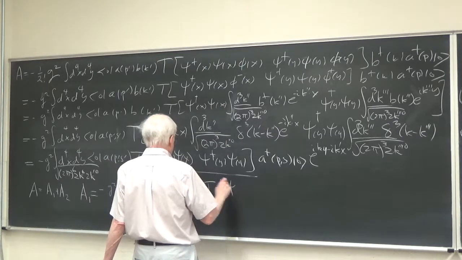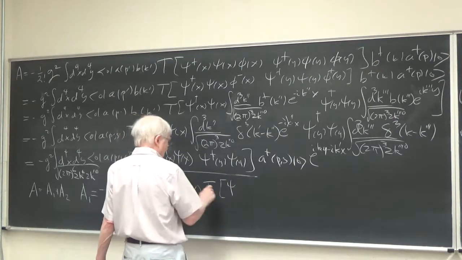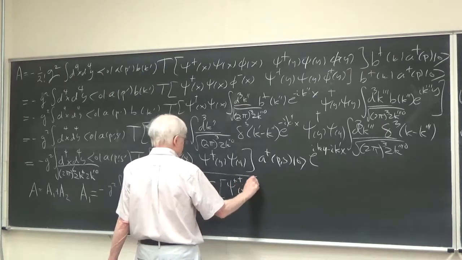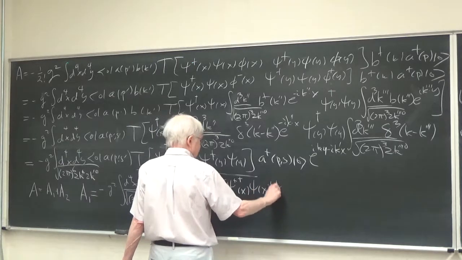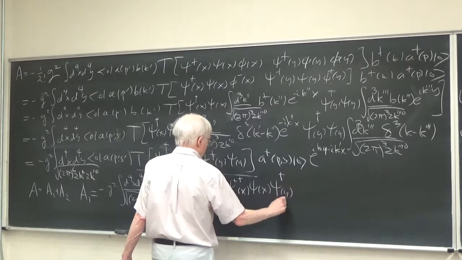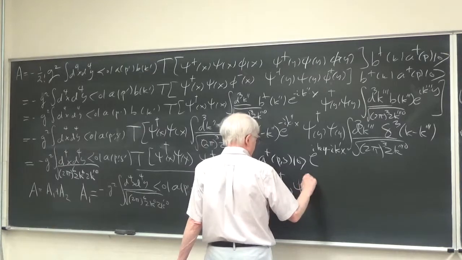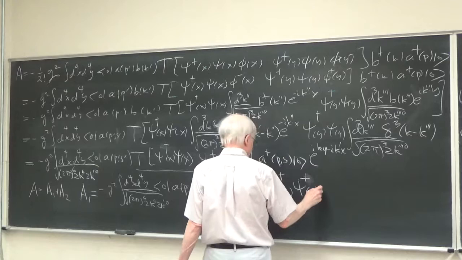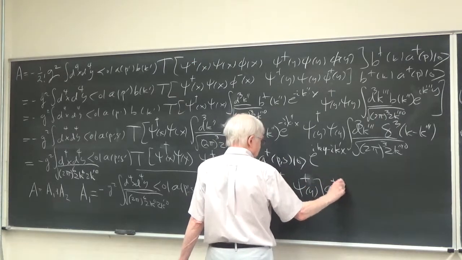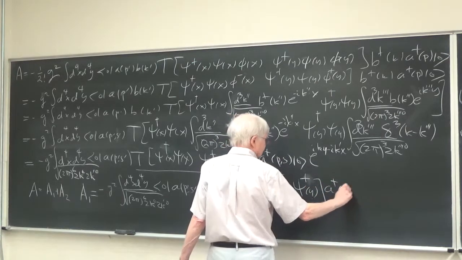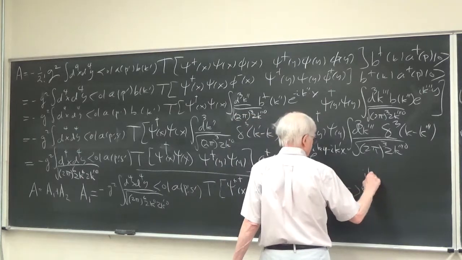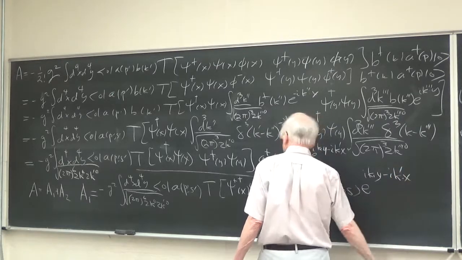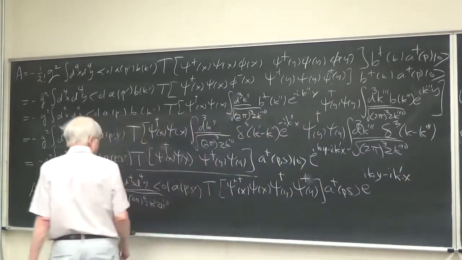Okay, what do I want here? It'd be psi plus dagger of x, psi of x, psi dagger of y, psi plus of y, a dagger of p and s, e to the i, k y minus i, k prime x. Okay, so that's A1.